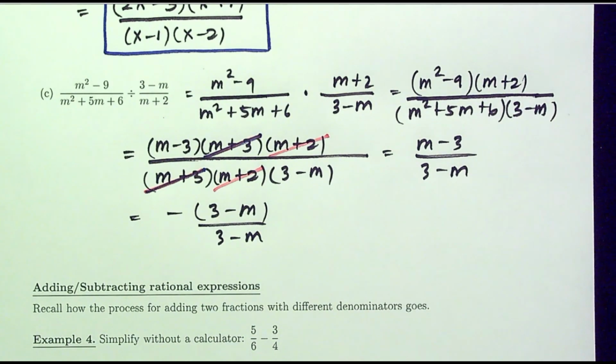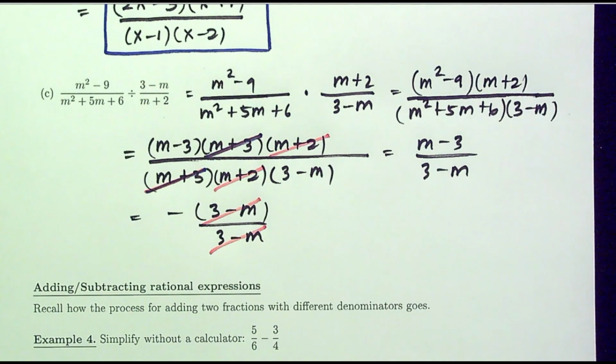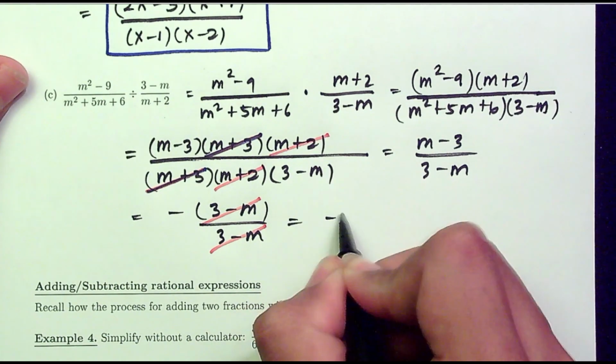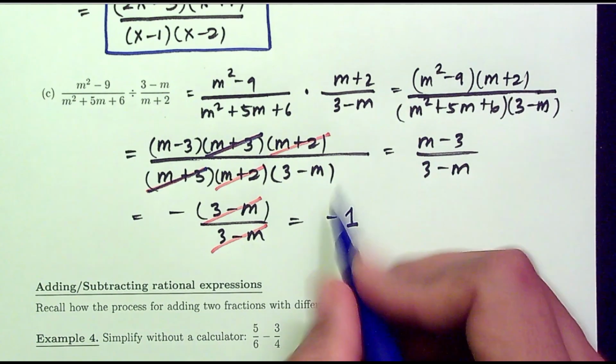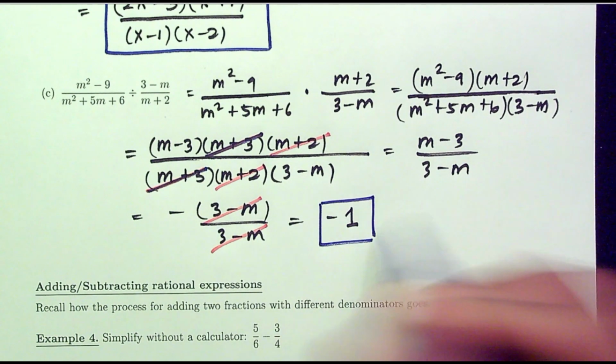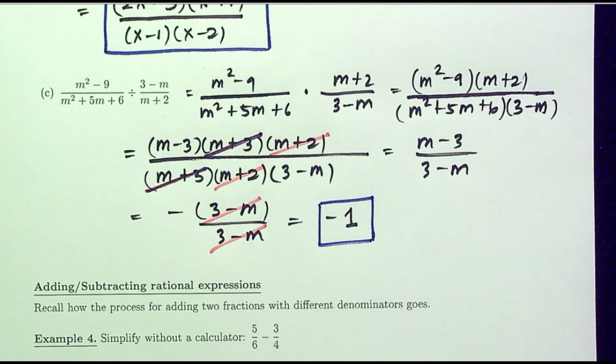Now they're identical, and now we can cancel. So what remains when you cancel is a 1, not a 0. A 1, so that means the answer is negative 1. Okay, and that's how you multiply or divide rational expressions.